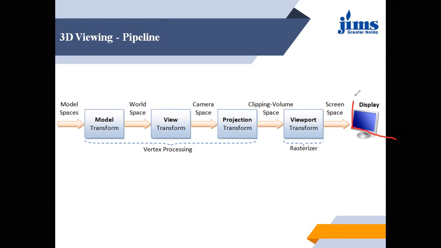And when we see things using our eyes or using a camera, then this is a 3D object. This is a 3D view. But we have to represent this 3D view on 2D.